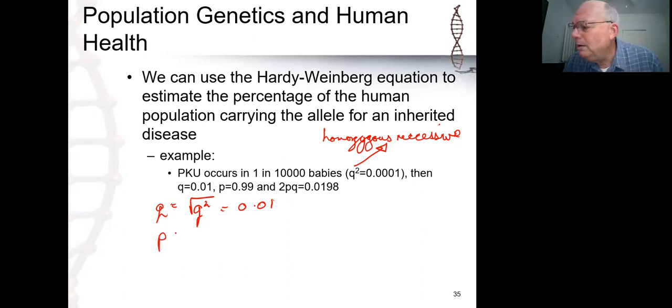Therefore, p equals 1 minus q, which equals 0.99. Now, what we want is not p squared or q squared, not p squared, which we could calculate if we wanted to. What we want is the value for 2pq.